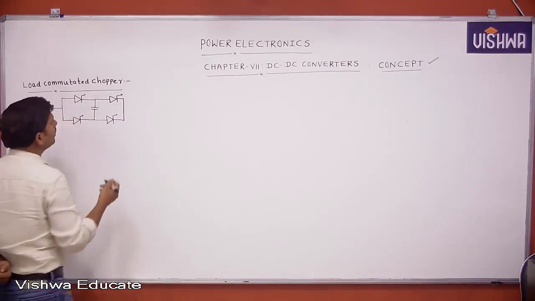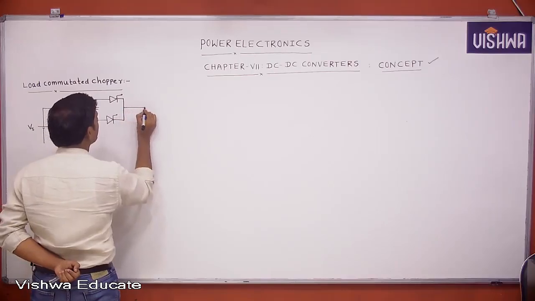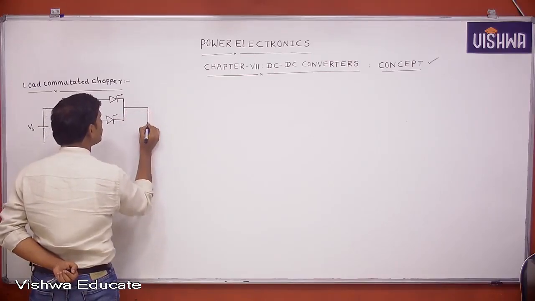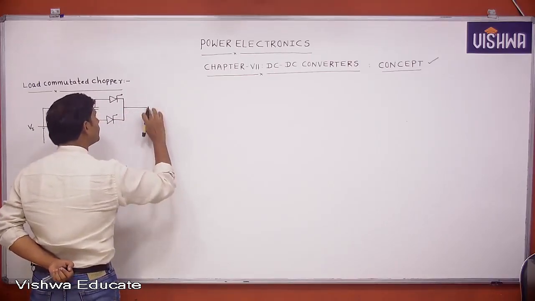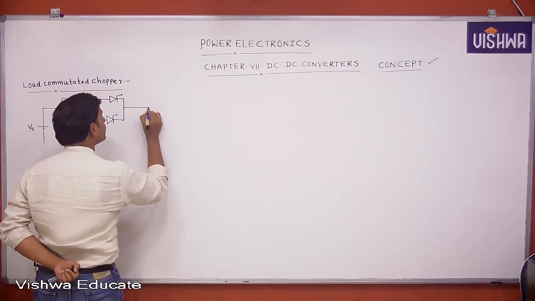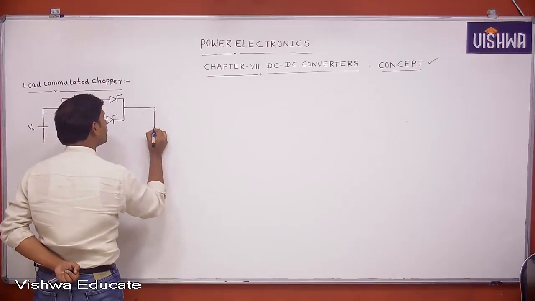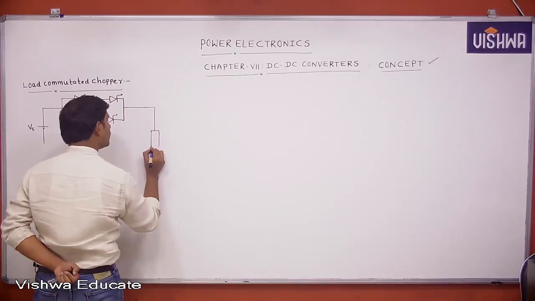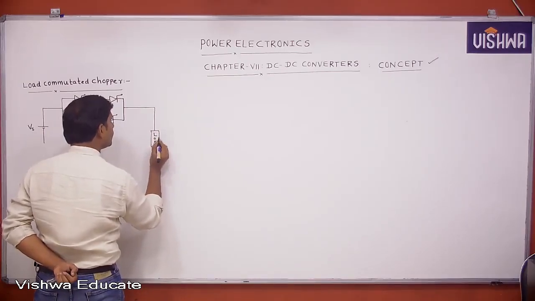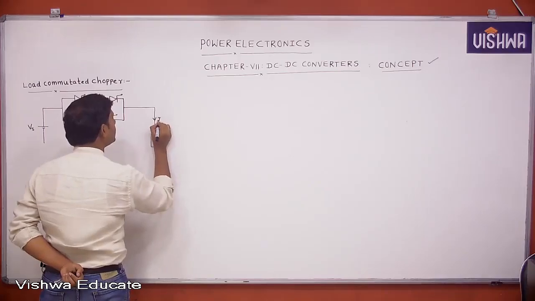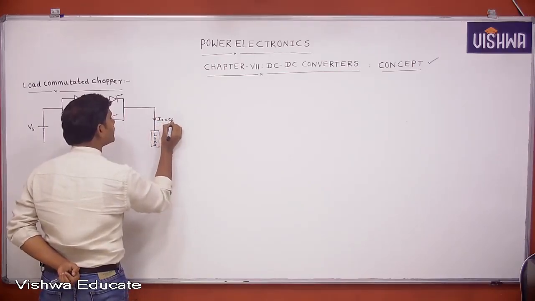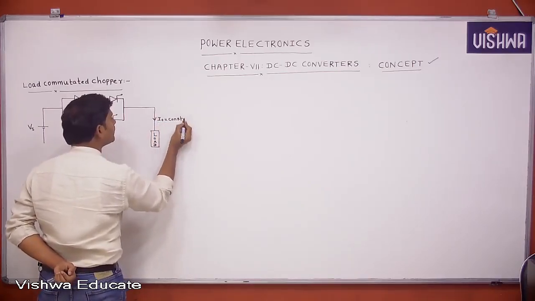Then we are supplying the power to the load. Let I0 is constant. We are supplying the constant current to the load.